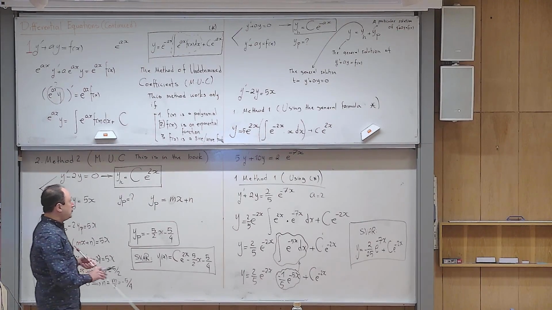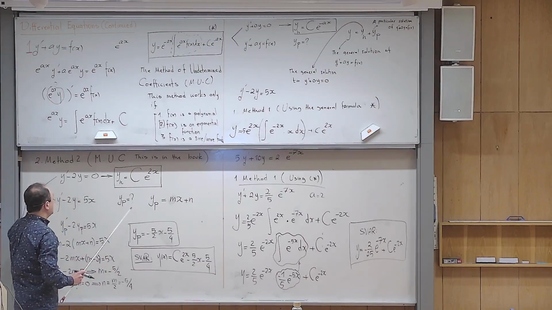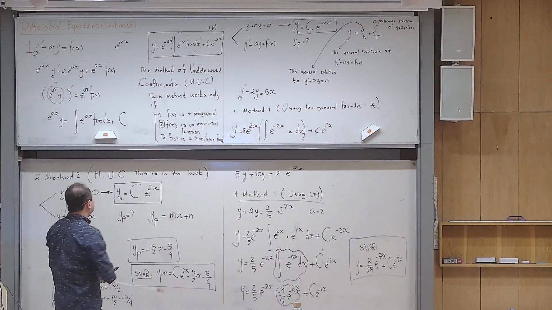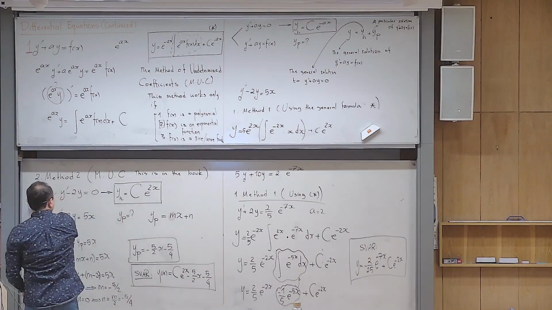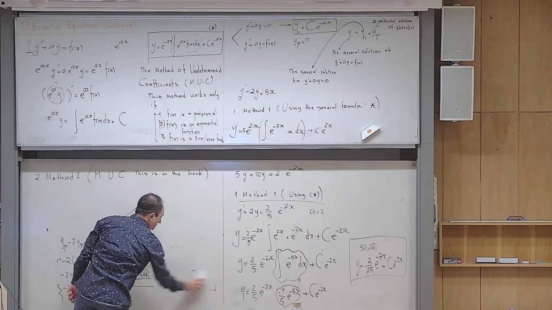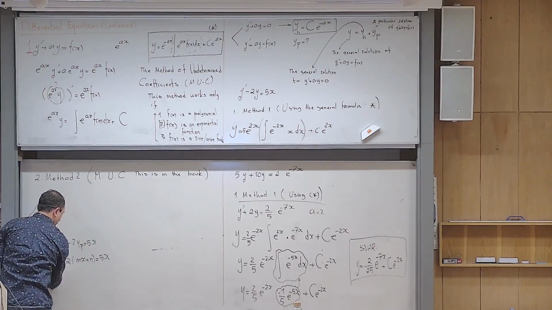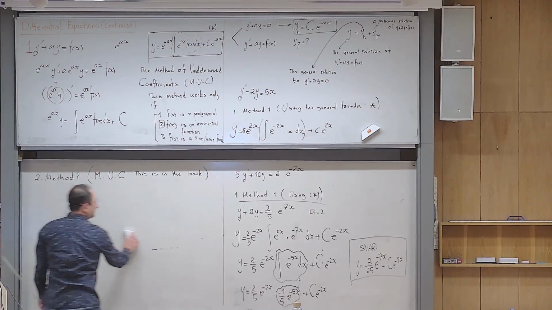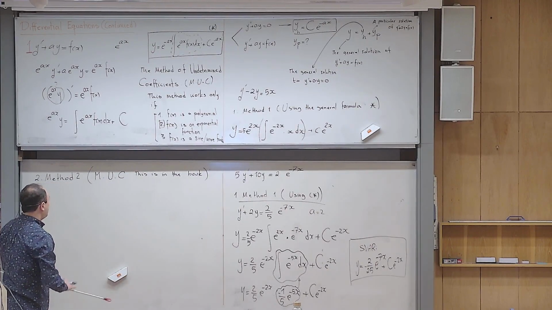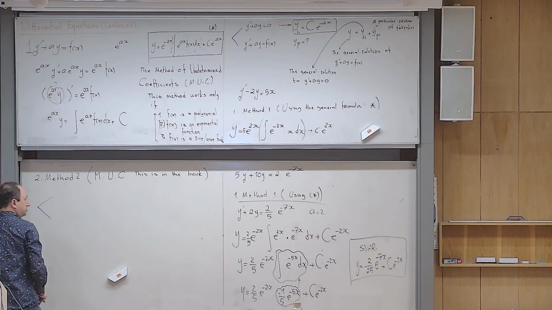Okay, but now the one that is in the book and you have to learn it is the method of undetermined coefficients. Okay? So let me now clean this and then try to repeat the process. So what you do here, you divide the problem into two parts.